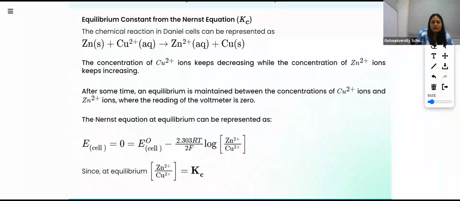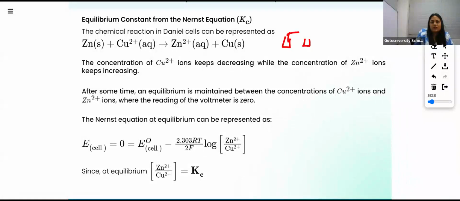So this was for Kc. In the electrochemical cell, the salt bridge was maintaining the balance of charge and neutrality in the reaction taking place.